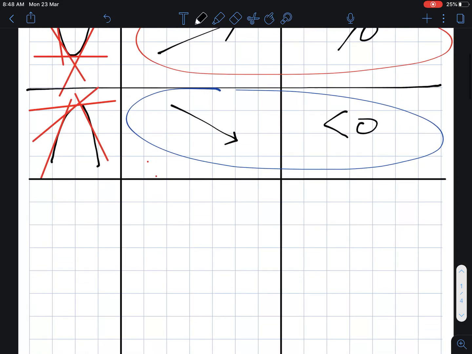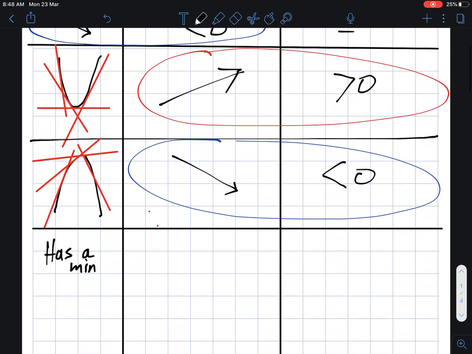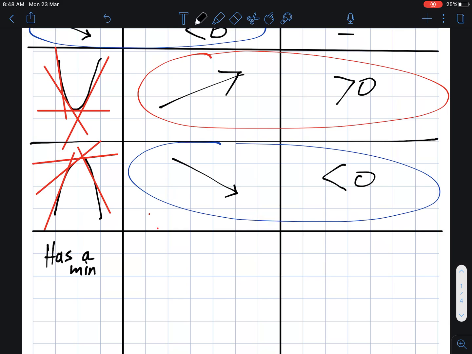What about condition number 5? Condition number 5 is that f of x has a minimum. If f of x has a minimum, then as you noticed in the previous graphs, I'm going to highlight that in green so that I don't draw it again, the tangent is horizontal, and that means that the first derivative is 0. You also noticed that the function is concave upwards.